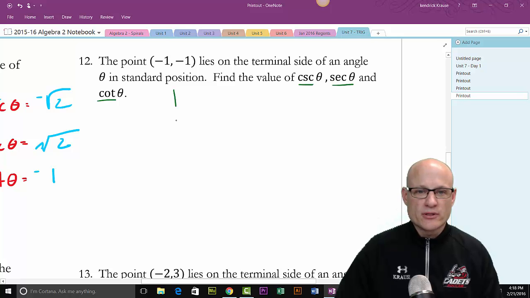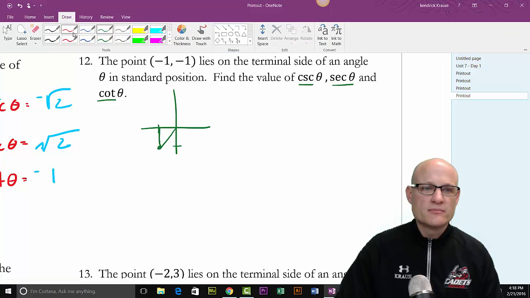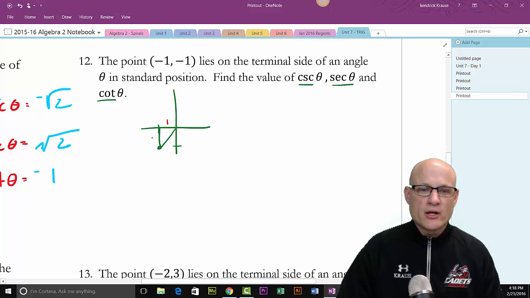Let's see what quadrant we're in. -1, -1. I'm in the 4th quadrant. Let me put my lengths in there. 1 and 1, and I've got to figure out what that is. I know this is a 45 right triangle.